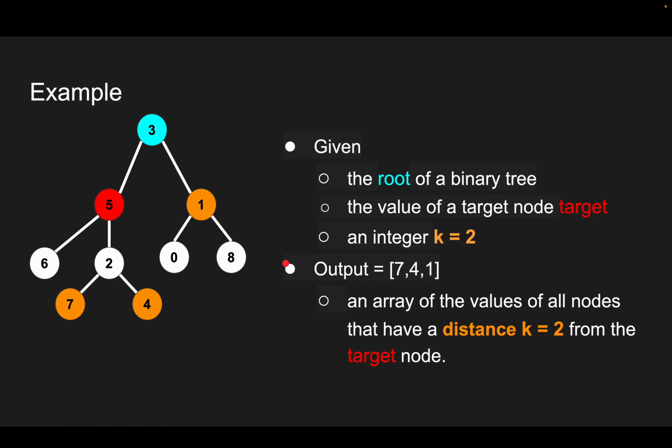So in this case, the desired answer is k distance equal to 2, so we should output 7, 4, and 1.